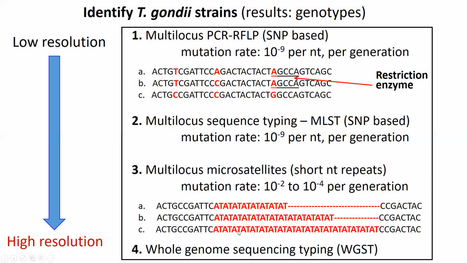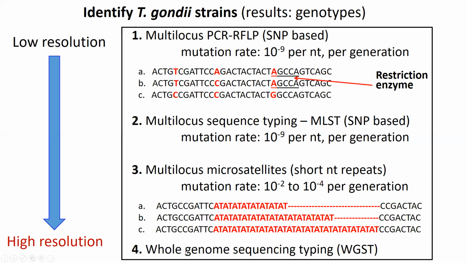And each sample has a different number of repeats. So when you design primers on the flanking region, the conserved sequence, and amplify this fragment, different samples will give you different sizes of the fragment. So that can be used as a marker to differentiate different strains.